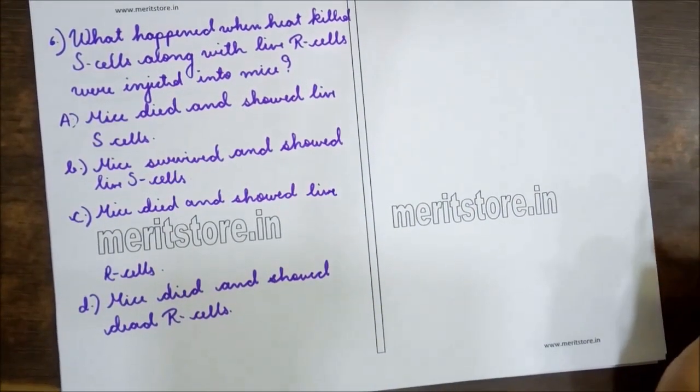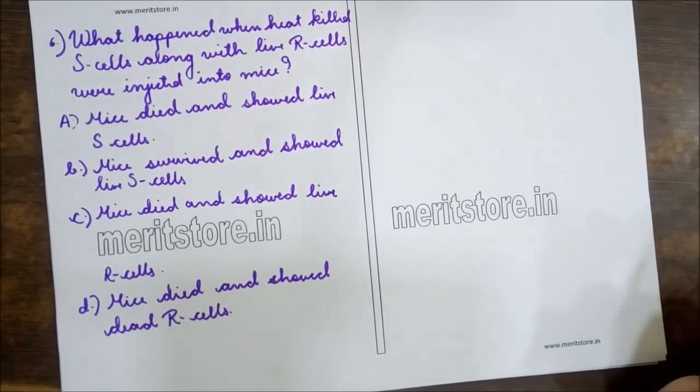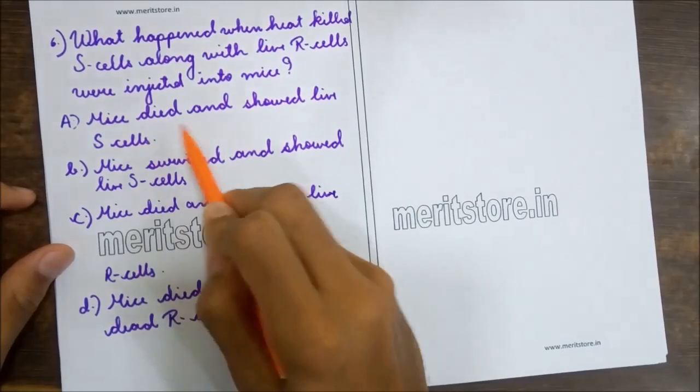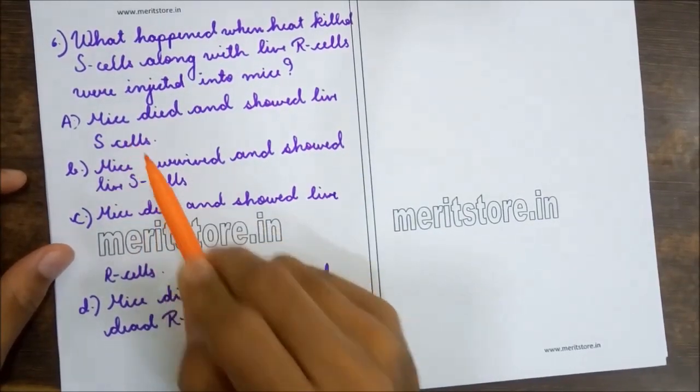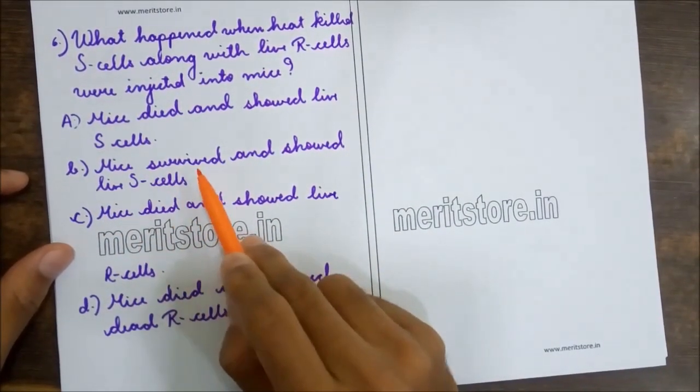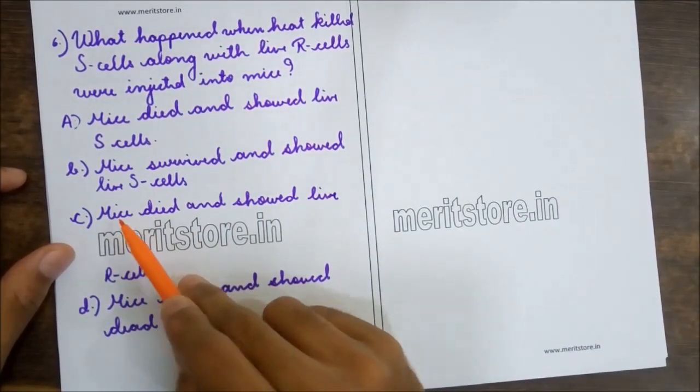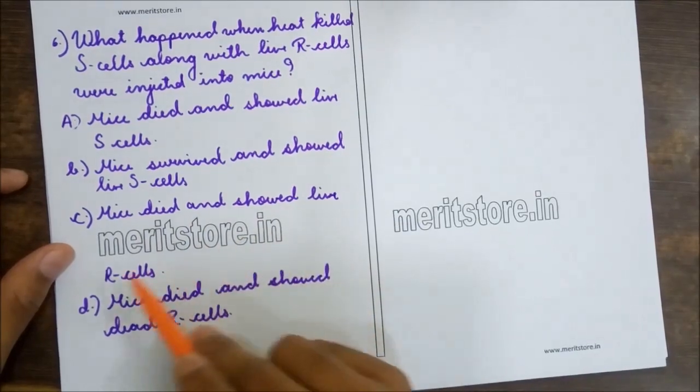Question number 6. What happened when killed S cells along with live R cells were injected into mice? Option A states mice died and showed live S cells. B, mice survived and showed live S cells. C states mice died and showed live R cells.